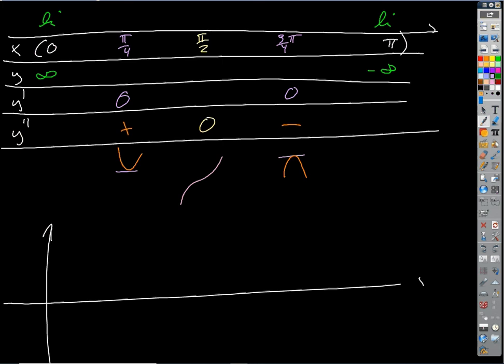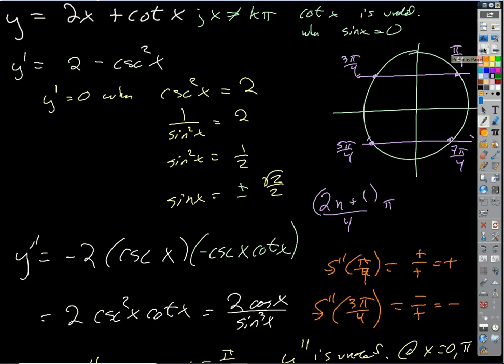Somebody do this, let's just get a number. Plug in pi 4ths. Cotangent of pi 4ths is 1, so we can do this pretty easily. Pi 4th, that's 1. 2 times pi 4ths is pi halves. So pi halves plus 1 is like 2.6-ish, 2.5 something. You get an idea, right? So it's positive, not too big.